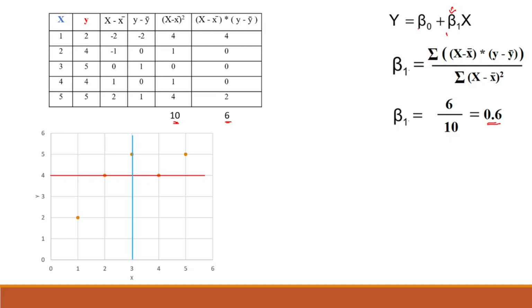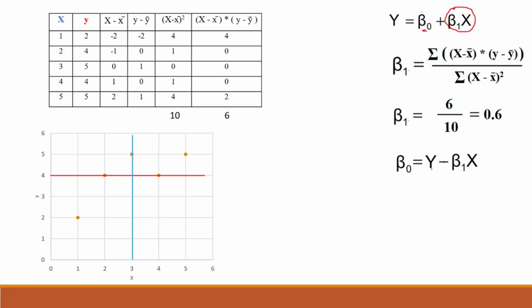Okay, now I have 0.6, and very easily I should be able to calculate the y-intercept. So let us see the formula. Okay, so I will be making use of this formula. That is, b naught will be equal to y bar minus, see, I am taking this value to the other side, right? So what do I get? B naught is equal to y bar minus b1 into x bar, and to calculate b naught, we have to take the mean value.